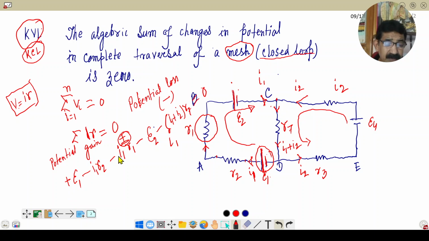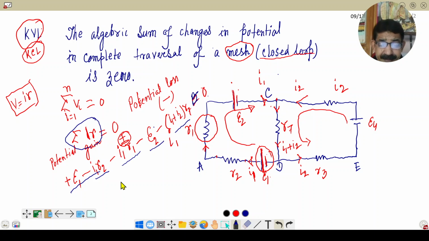So this gives the complete equation: E1 minus I1 R2 minus I1 R1 minus E2 minus (I1 plus I2) R7 is equal to 0. This gives the expanded form of the sum of IR equal to 0.